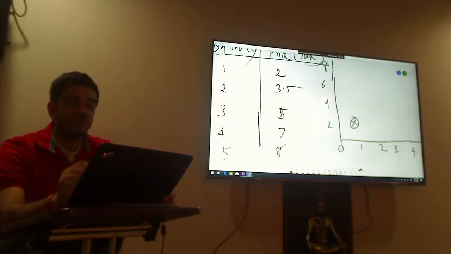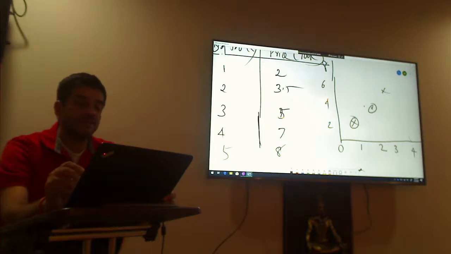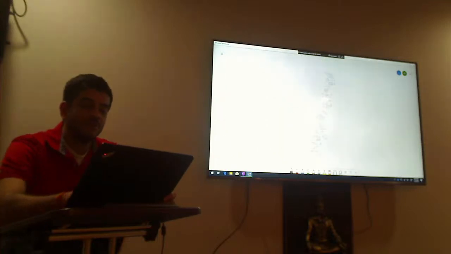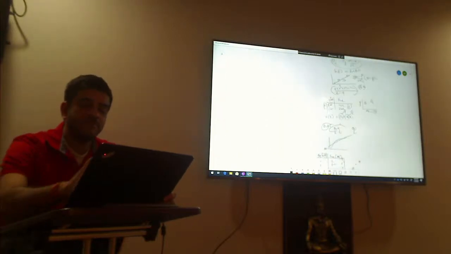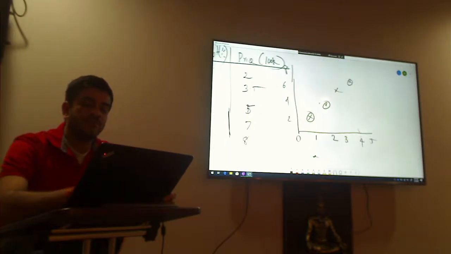When you had 2, it was 3.5, approximately here. Then when you had 3, it was 5. Then when it was 4, it was 7. So this was the actual value.